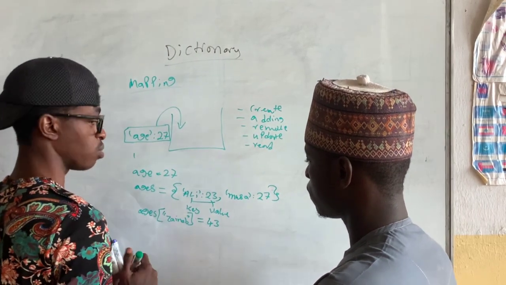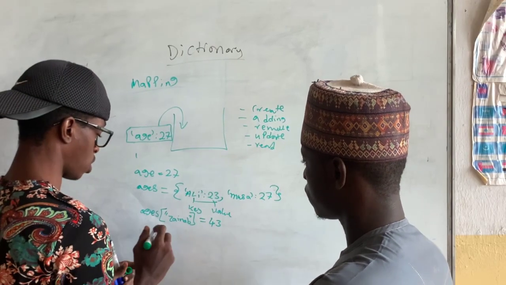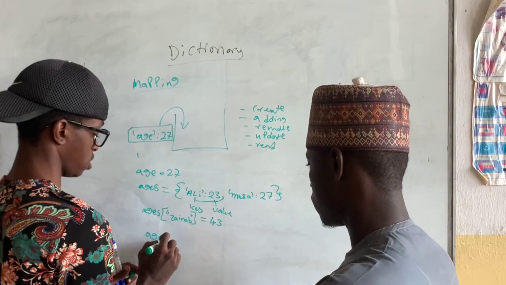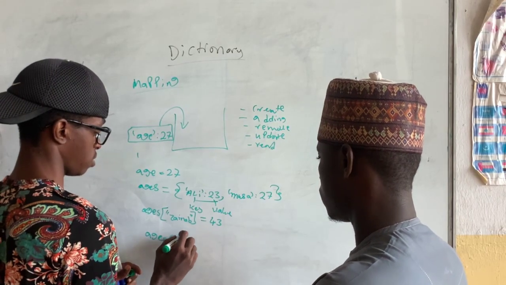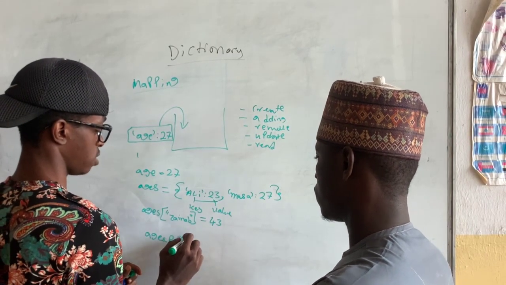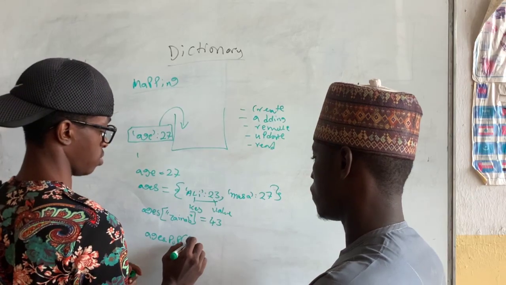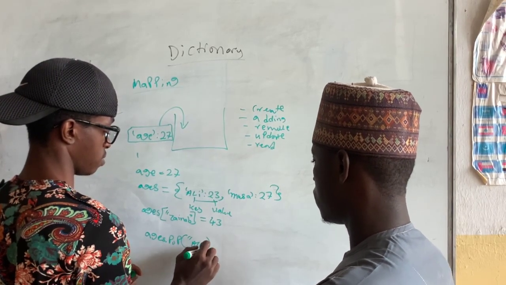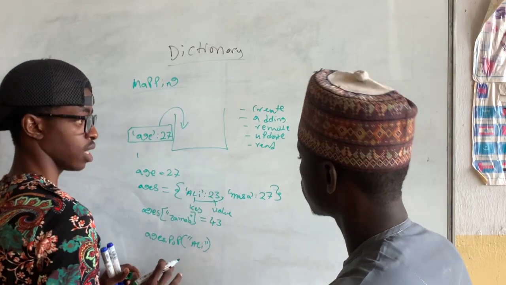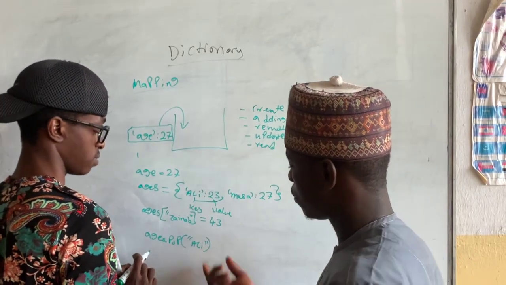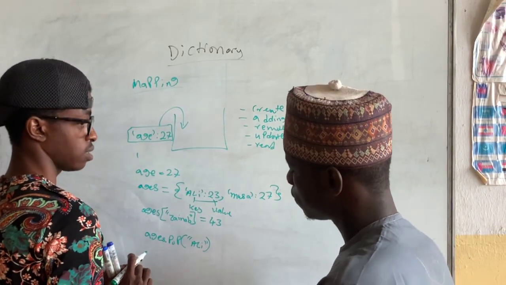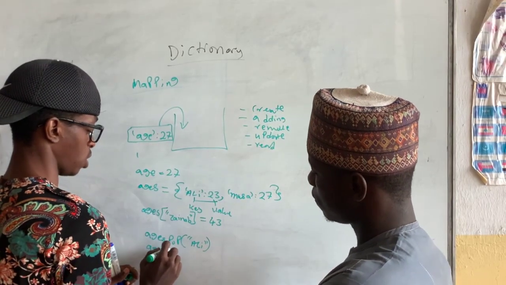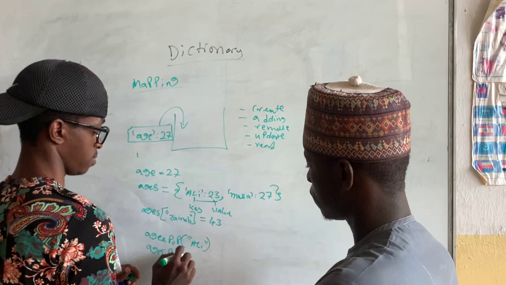Now how can we remove elements? We can use pop. You can say ages dot pop, then you put the key. For example, you say Ali, then it's going to remove Ali. You use only the key. But we have another way which is called ages dot popitem.